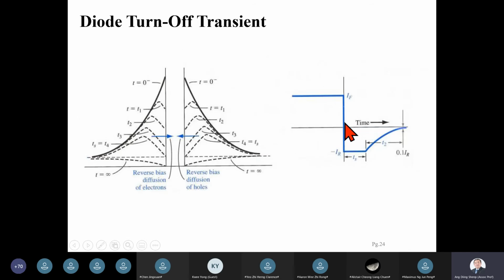So why is that the case? Because of the presence of excess minority carrier charge stored in the quasi-neutral region, even if you toggle the switch trying to reverse bias the PN junction at time t equals 0, the excess minority carrier charge stored cannot disappear immediately.